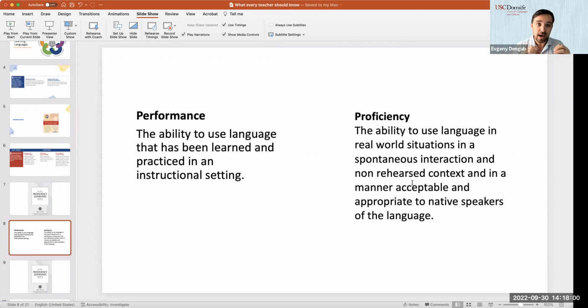What we do in class is baby steps, or steps towards proficiency. So when we drill a verb, être in French, that's a required step in order for me to use language in the real world situation. I cannot really be a proficient speaker at the high level of proficiency without knowing how to conjugate verbs.